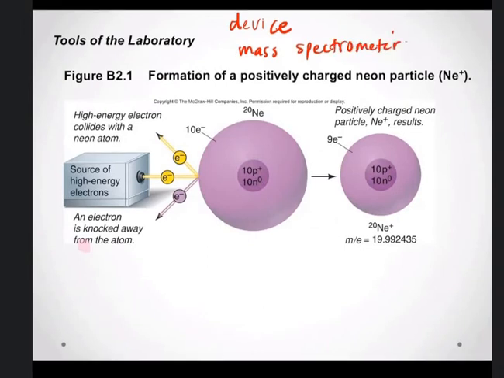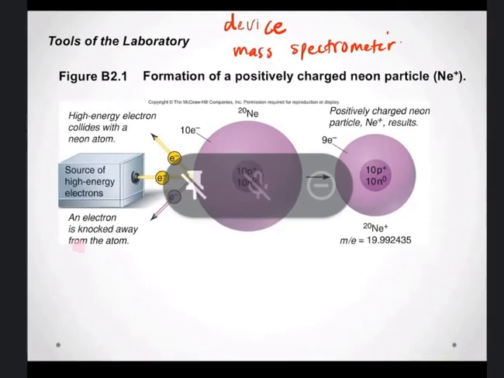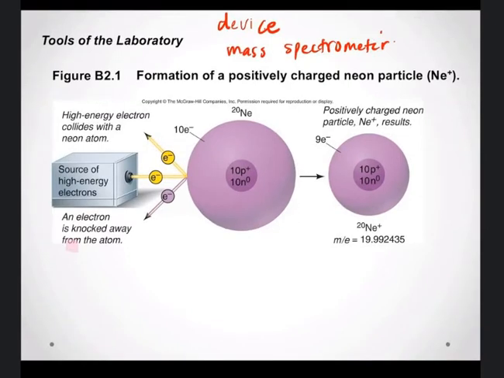So what is the function of mass spectrometer? So this device or tool is used to identify an unknown sample. Maksudnya kalau kita ada satu sampel yang kita tak tahu what kind of species that we have in our sample. So apa yang kita boleh buat adalah kita boleh guna mass spectrometer to detect.